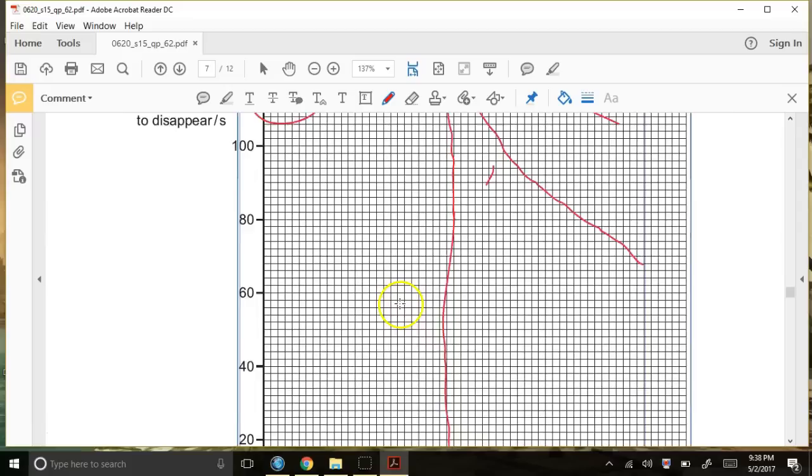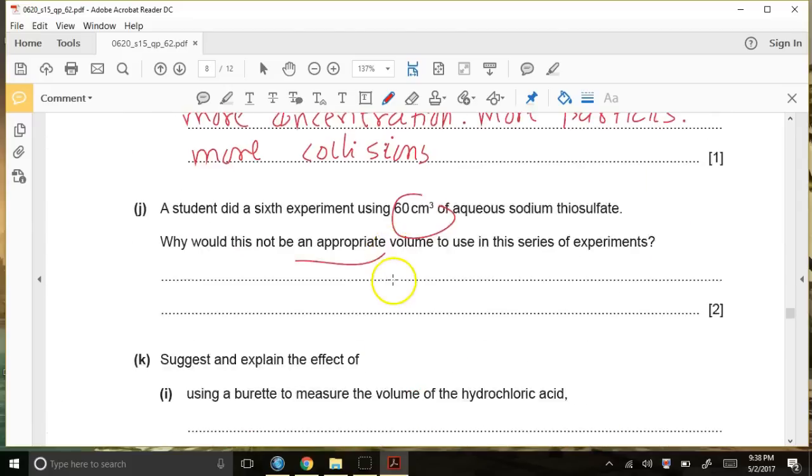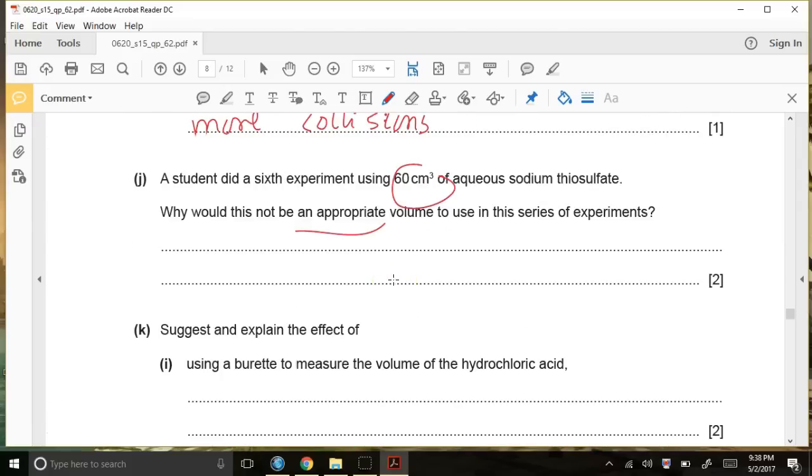The idea was the total volume was always kept 50, and that wouldn't be fair if you take the volume as 60. So volume has been kept steady at 50, so it will not be a fair test.